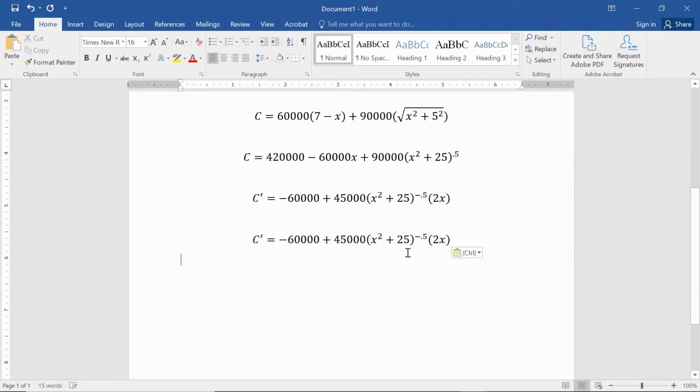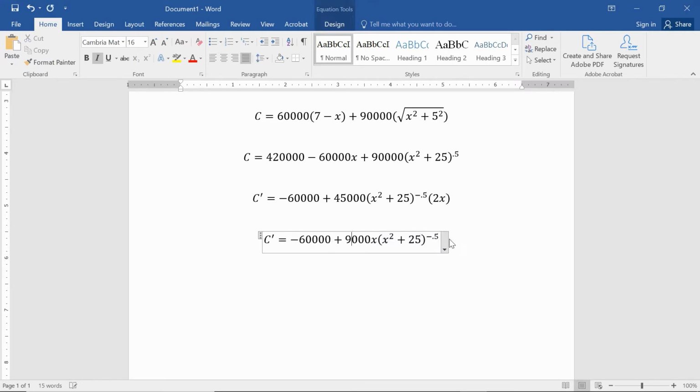If I want, I can rewrite this. It's a little bit nicer if I rewrite this. The 2x multiplied by 45,000 is going to be 90,000 times x. Instead of writing this as x squared plus 25 to the negative 0.5 power, I think it's easiest to see this as dividing by the square root of x squared plus 25.